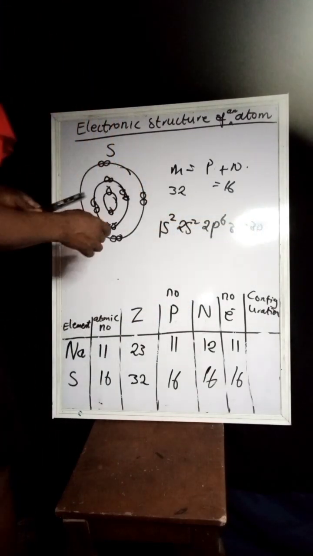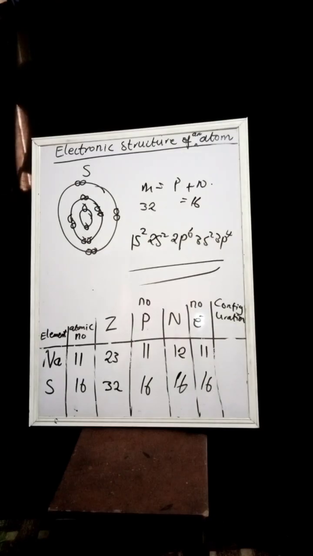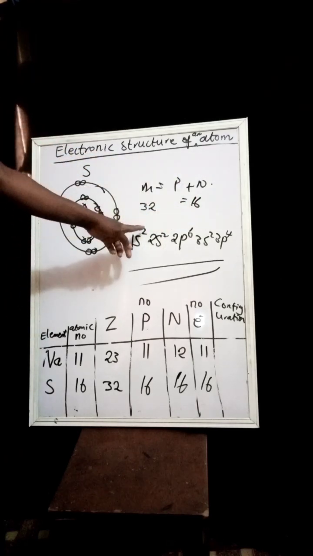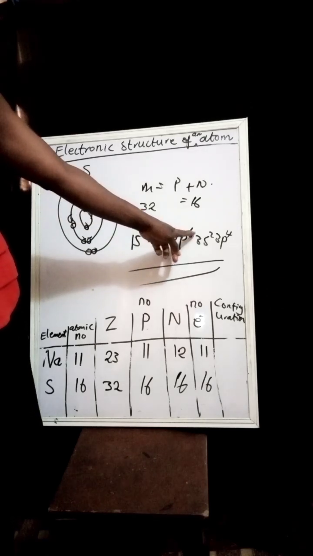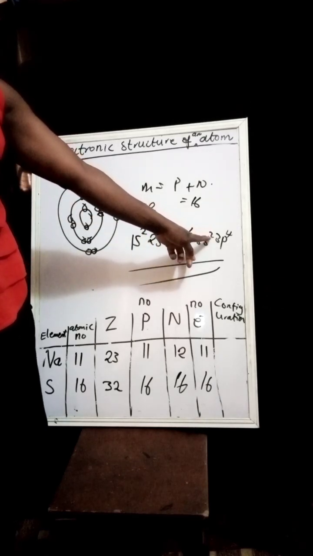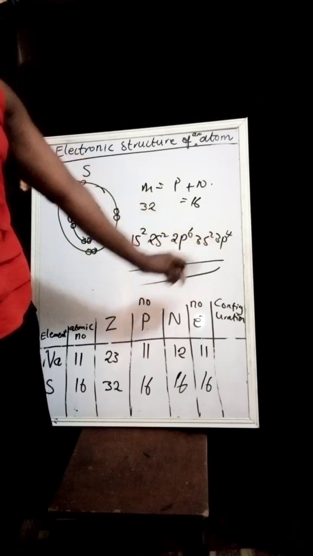Let's check what we have filled to know what is remaining. The total number of electrons in the shell is 16. And we have filled 2 plus 2, 4, plus 6, 10, then plus 2, 12.